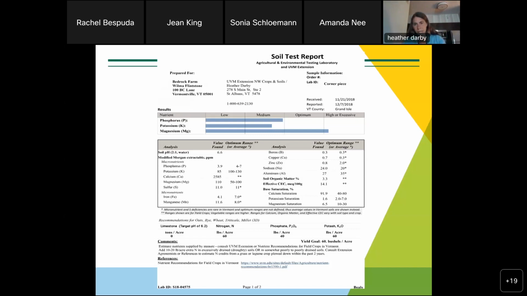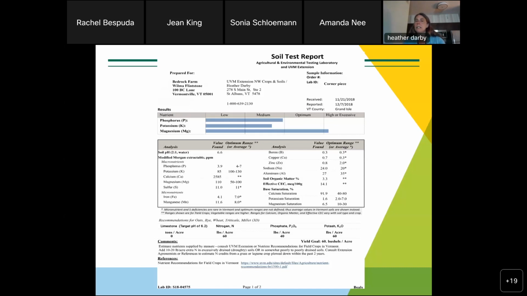Now, if they're in the medium category, you are likely to see a response, okay? And if you're in the optimum category, it means that you may or may not see a response from adding more nutrient, okay? Once you get into the optimum range, really at that point, there should be enough of that nutrient to supply the crop that you are growing.